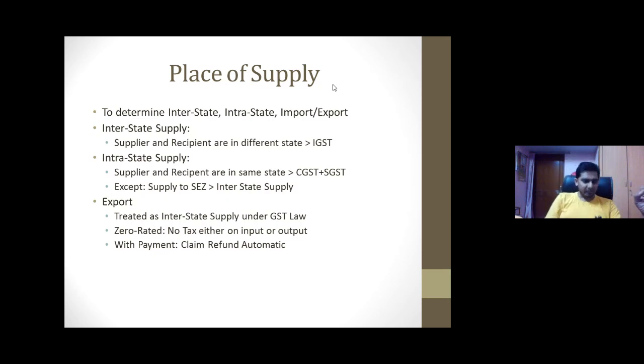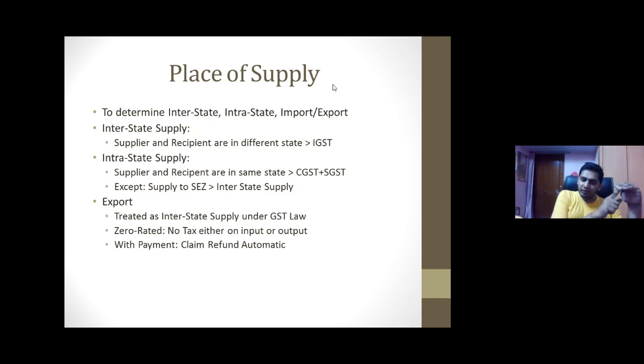Once you pay the tax of 18 rupees on the biscuit that you have exported, automatically within 1 to 2 months, that 18 rupees will be refunded to your bank account. This is the procedure for export with payment of tax. So just think about the situation.